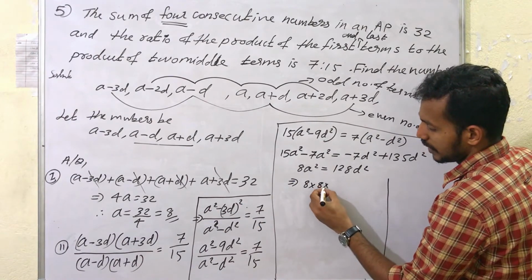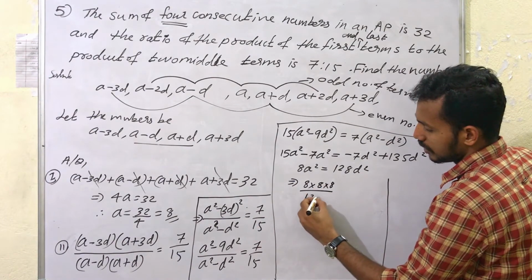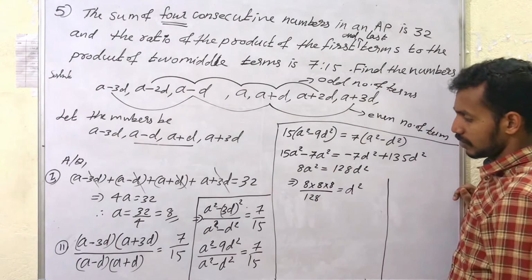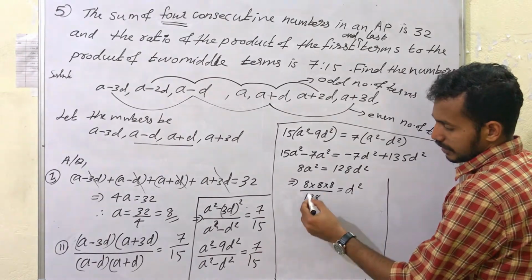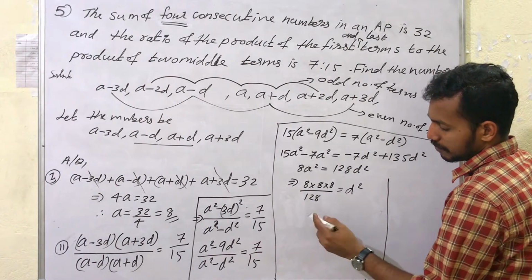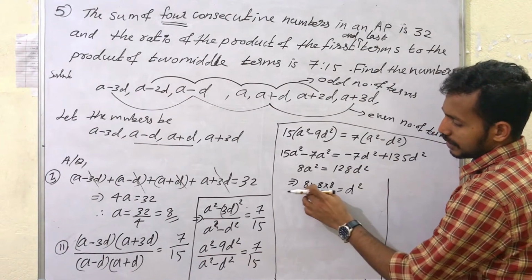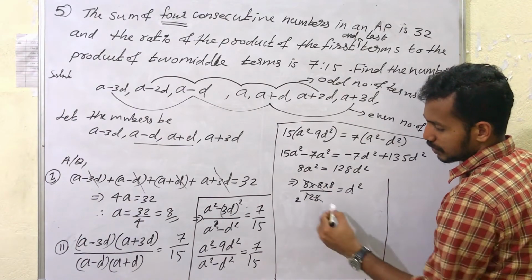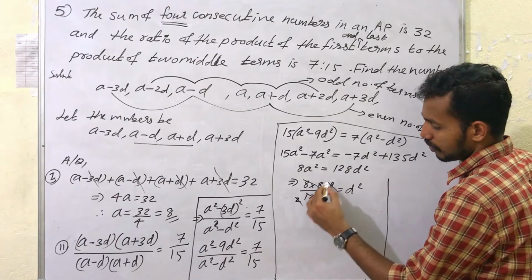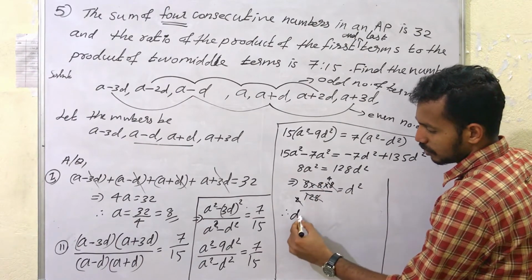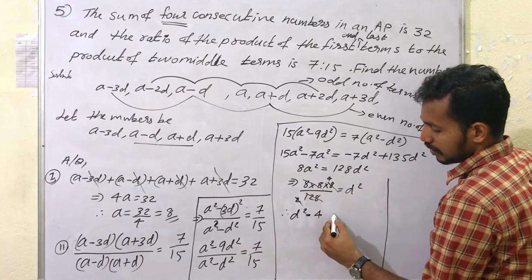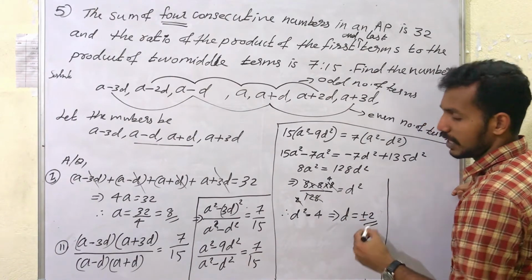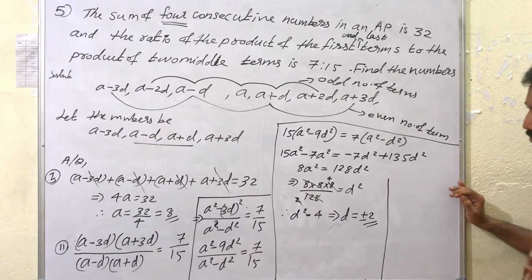So 8 into 8 divided by 128 is equal to d square. 8 into 8 is 64, 128 divided by 64 is 2, again 8 by 2 will be 4. So therefore d square is equal to 4. Implies d is equal to plus or minus 2. The value of d is plus or minus 2.